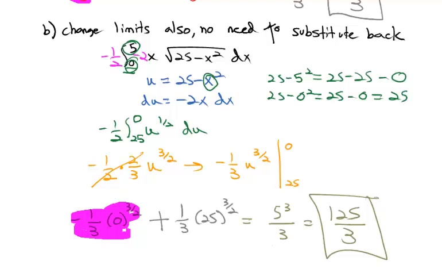So when we have values on the integrals, a lower limit and an upper limit, that we're finding the area for, we simply need to plug those values into the u to find the new limits in terms of u.